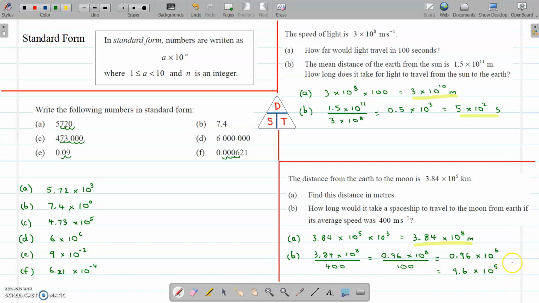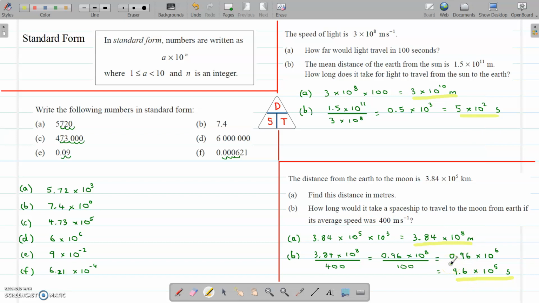It is the time in seconds. Now it doesn't ask for it in hours and minutes, but if you needed to, you could convert that. But that's the answer in seconds. So that's 9.6 times 10 to the 5, which is basically 960,000 seconds. So it's nearly 1 million seconds, but not quite.